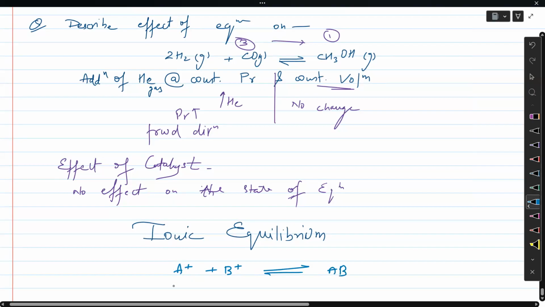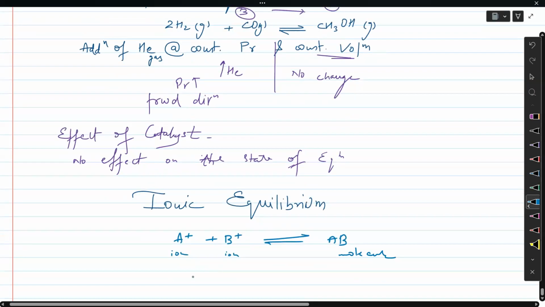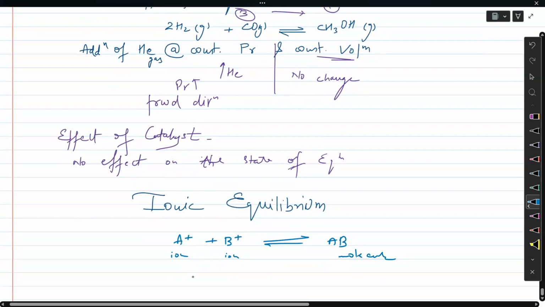For example, these are ions, and this is a molecule, which has no charge on it. Another example which we will study here: some ions will be in equilibrium with some other ions, like C plus, D minus.